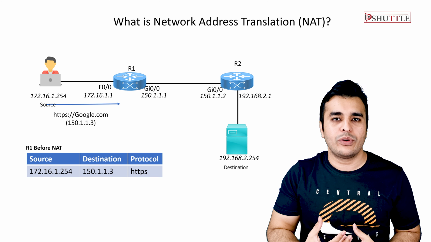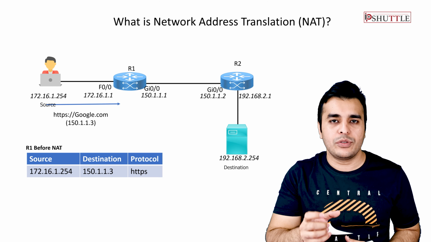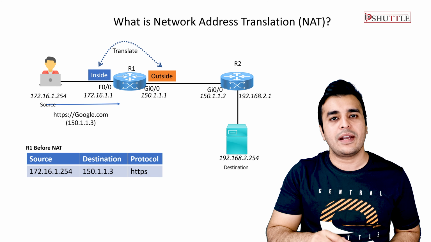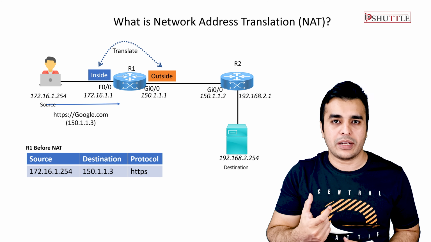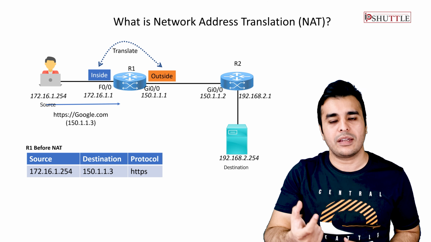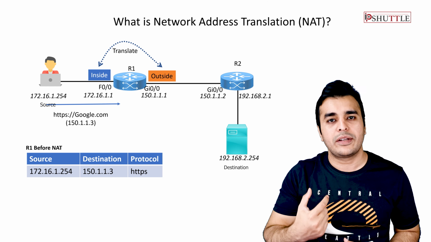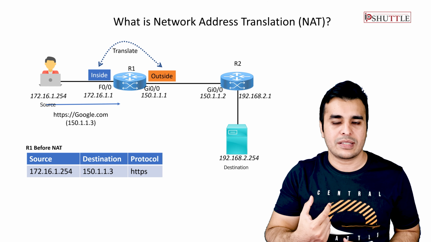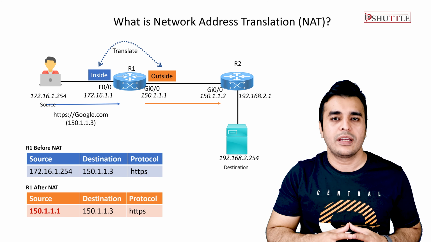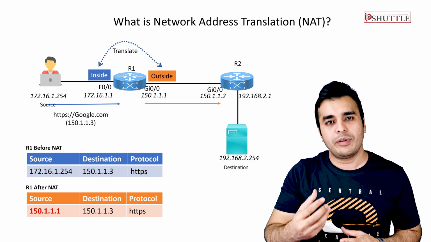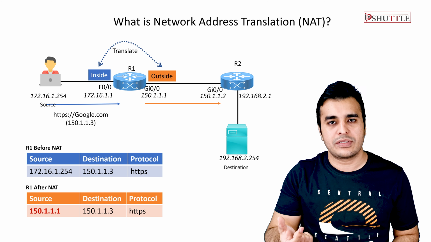So what we will be doing is we will use your private IP address and translate it to a public IP address in three different manners. It could be static, it could be dynamic, or it could be PAT. So in this case, your source packet will change. In the header, you will always have source and destination fields, right?